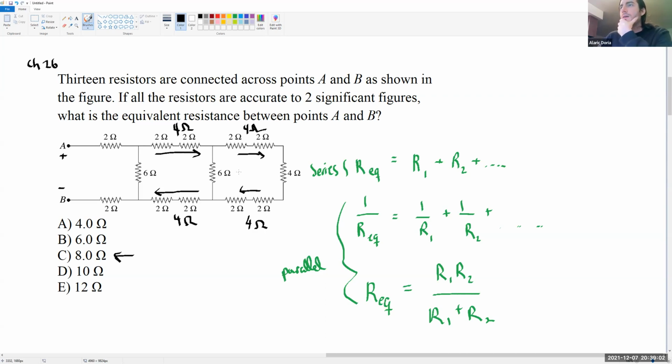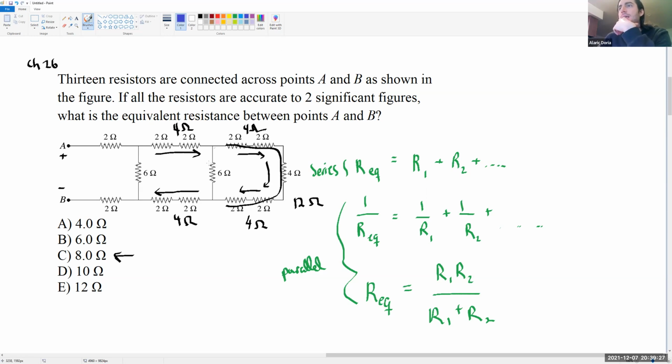Okay, and now it looks like this current is actually shared here. So we have these two 2s, this 4 here on the right, and these two 2s here. So it's a 4 plus a 4 plus a 4 is 12. So we have a 12 ohm resistor here for these 5 resistors.